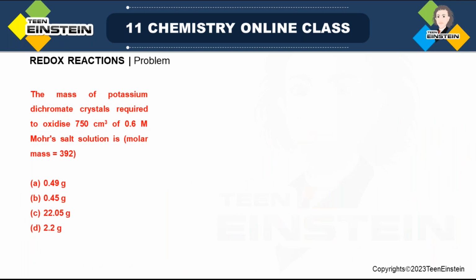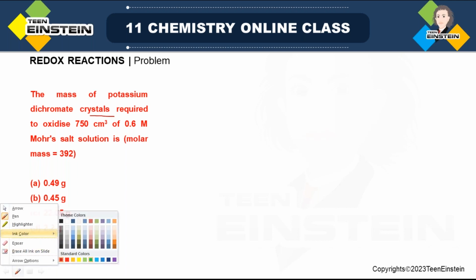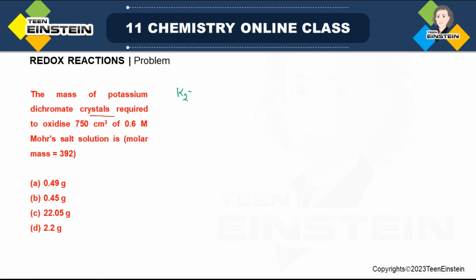Next we have another problem. The mass of potassium dichromate crystals, that is, crystals of this molecule, that we have to find.